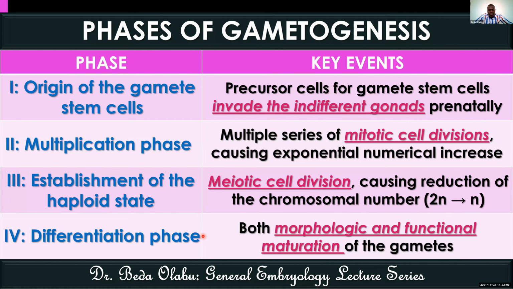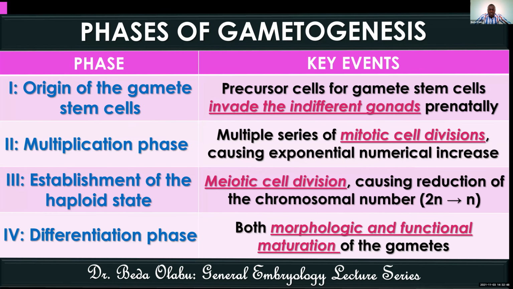Now, interestingly, even though gametes undergo these 4 phases in their development, how the two gametes undergo these four phases is a bit different. The first phase is universal, whether sperms or oocytes will experience the first phase similarly. However, phase 2, phase 3, and phase 4 are very different for spermatogenesis and oogenesis.